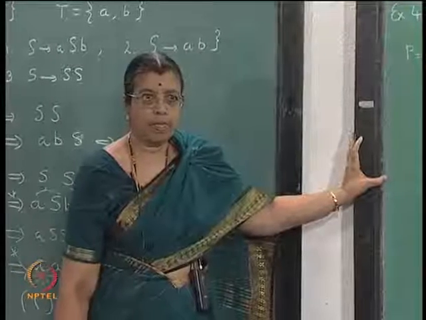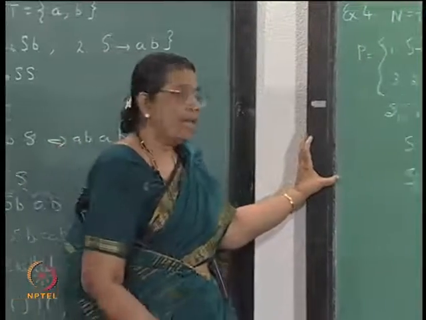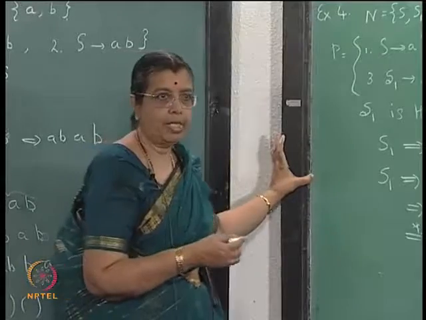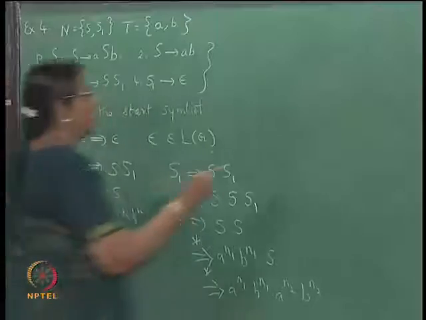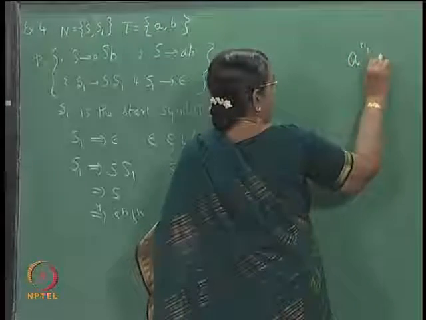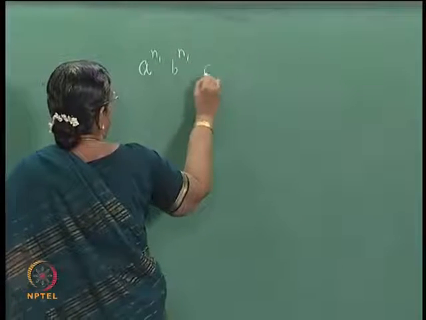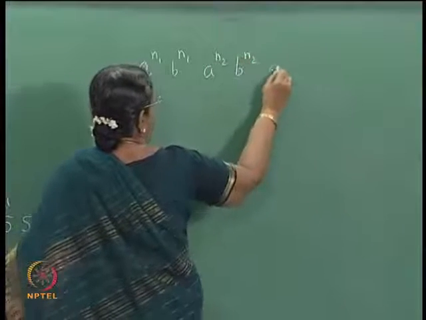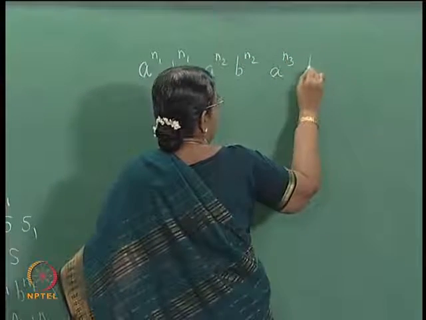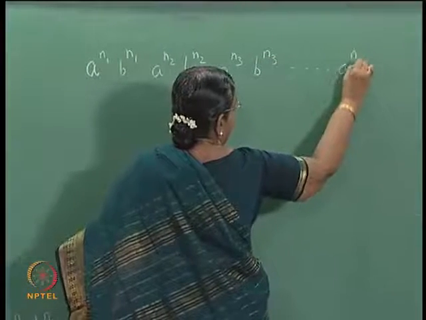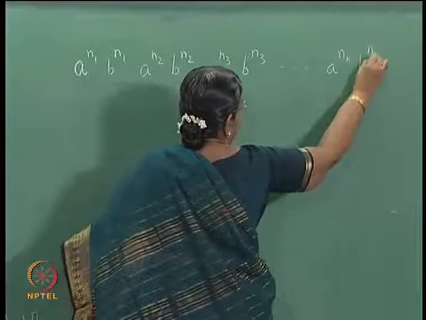This sort of a thing I can do any number of times. So in general you can derive strings of the form A power n1, B power n1, A power n2, B power n2, A power n3, B power n3, up to A power nk, B power nk.